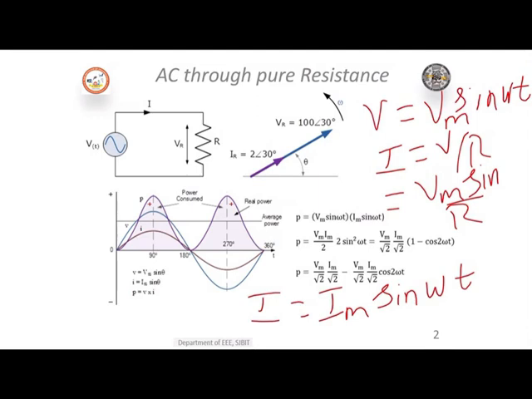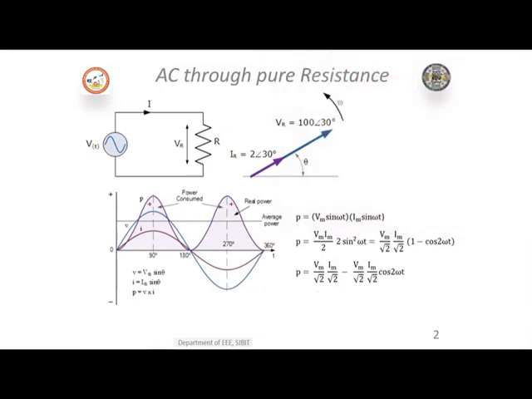So we can write the equation for I as Im sine omega t. From this we get the equation for V as Vm sine omega t and I as Im sine omega t. We can observe that in both cases, along with sine we have omega t, and we don't have any other angle. So the angle will be 0 in both cases.